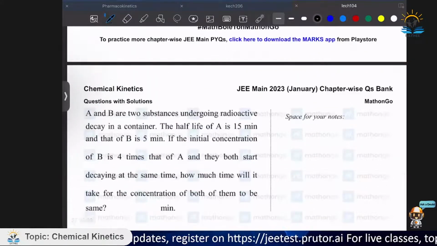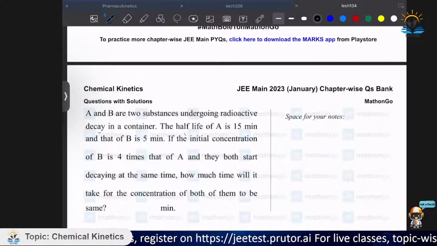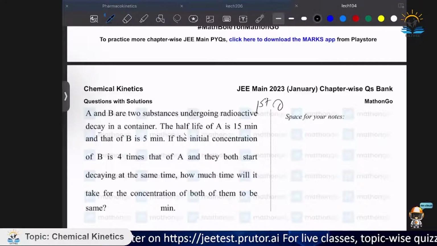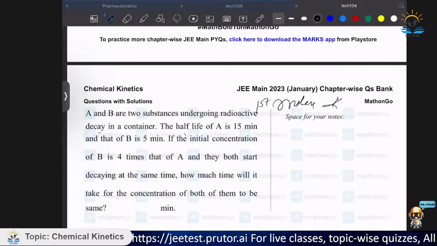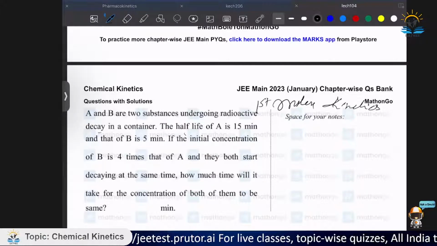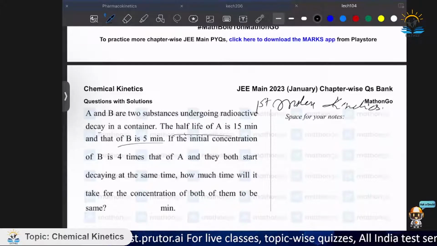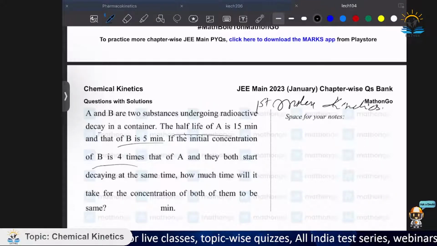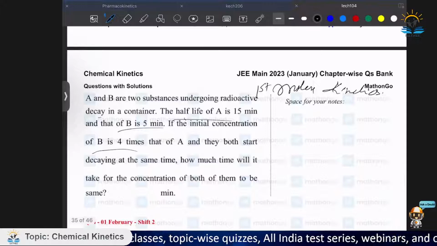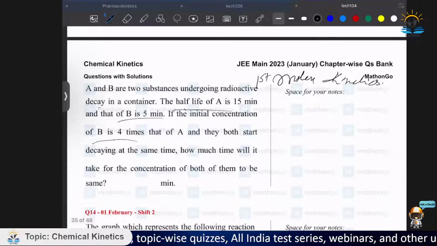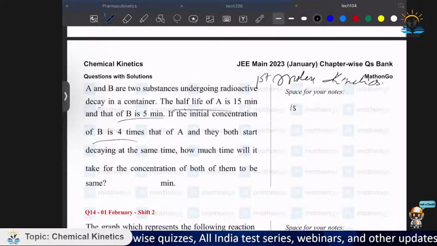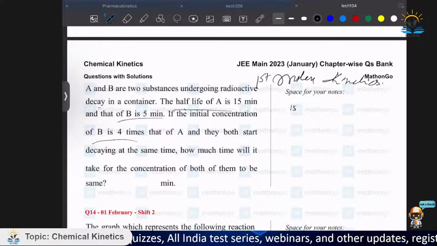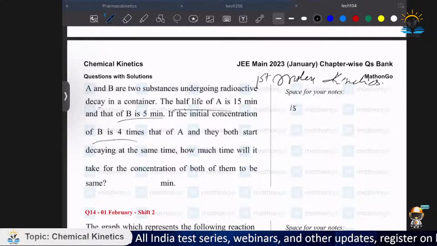A and B are two substances. Radioactive decay is happening, which is first order kinetics. Half-life of A is given, B is given. Initial concentration of B is 4 times of A. They both start decaying at the same time. How much time will it take for both concentrations to be the same? So half-life of A is 50 and B is 4 times that of A initially.